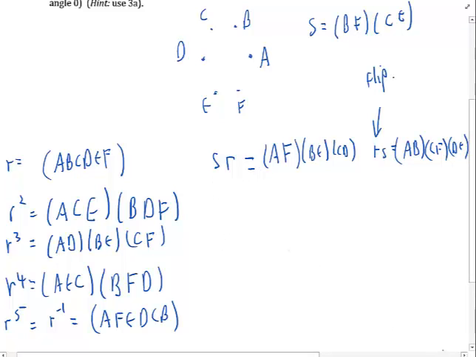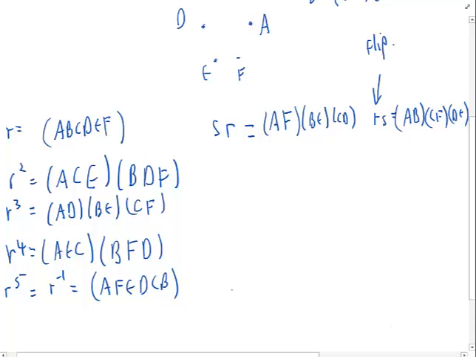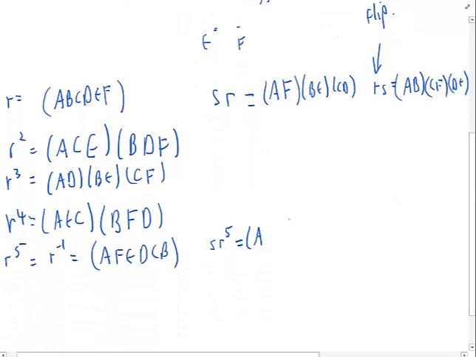Okay. All right, now I could work my way down the list like this. Let me start at the end and see what happens. So here, if I take SR to the fifth, that means I do R to the fifth first and then do S. So A is going to go to F, and then what does S take F to? S takes F to B. So it takes A to B. Now, it looks like it's starting out as a rotation, but in fact, we know that SR to the fifth is a flip. It can't be a rotation.